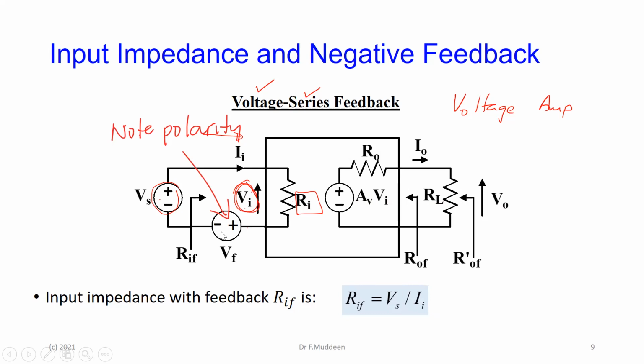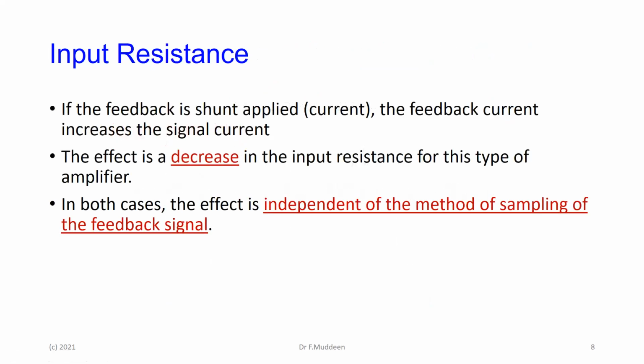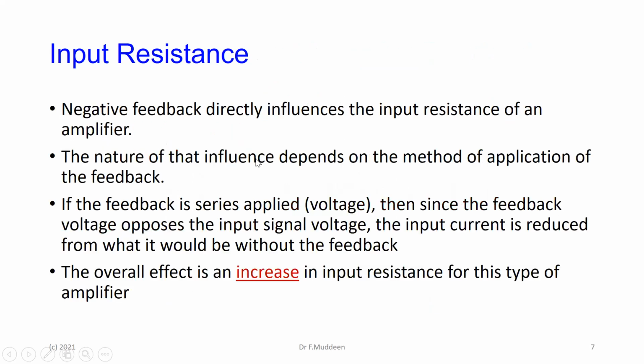So the series feedback voltage has the effect that, once the feedback voltage is applied in series with the input, because the voltage opposes the input signal voltage, the current is reduced from what it would have been without the feedback. So the effect is an increase in the input resistance.